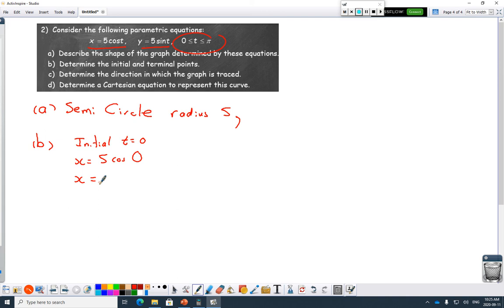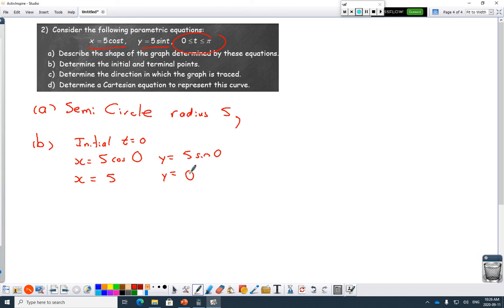Cosine normally starts at 1, then comes down and up. So I get 5 here. And then y equals 5 sine 0. Sine is 0, so 0. So I get the point 5 comma 0. That's the initial point. If this went to draw the circle, it would start at the point 5, 0.